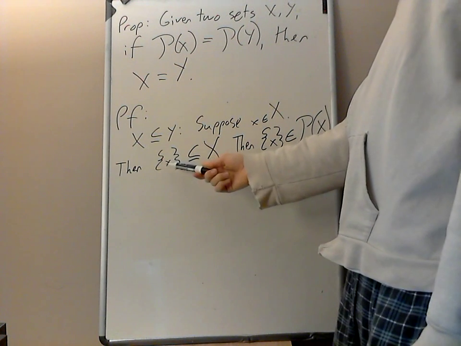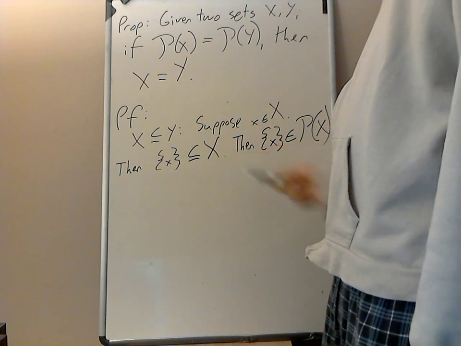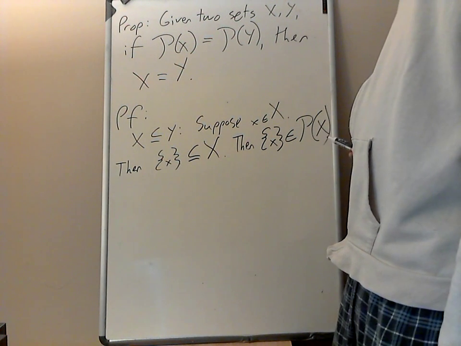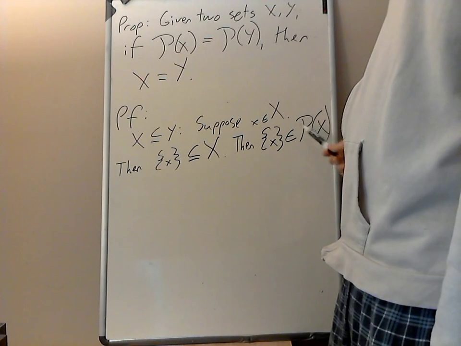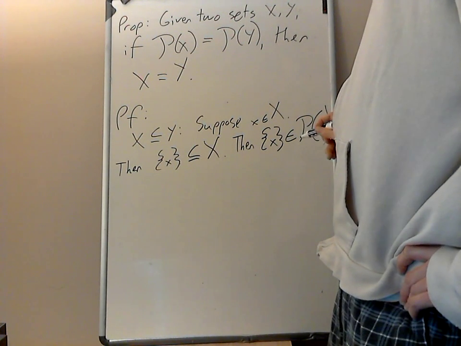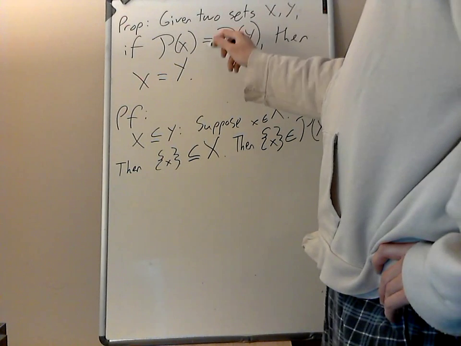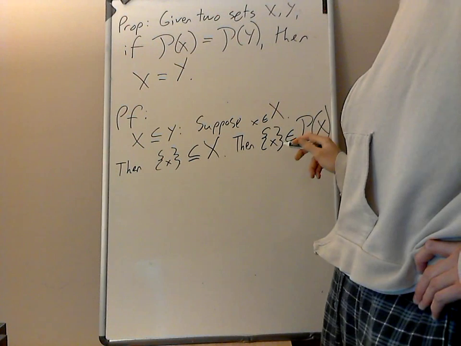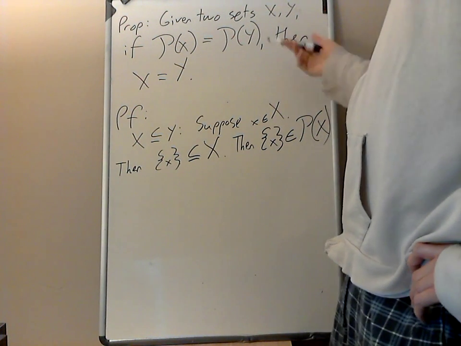The set containing x is a subset of x, therefore it is an element of the power set of x. It's not a subset of the power set of x, it's an element of the power set of x. Okay. Now, since the power set of x is equal to the power set of y, that means that the set containing x must be in the power set of y.